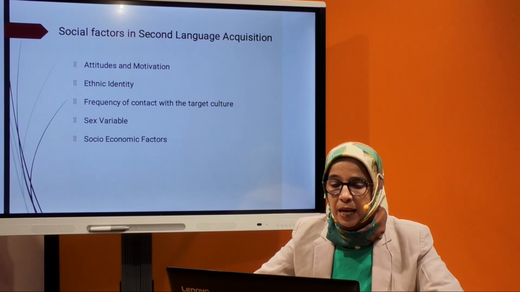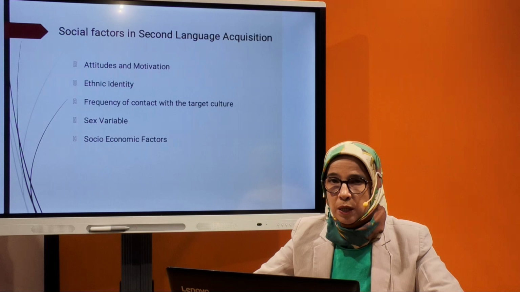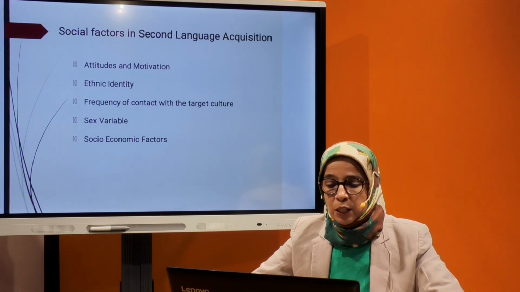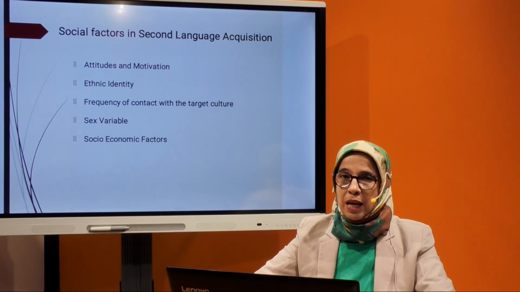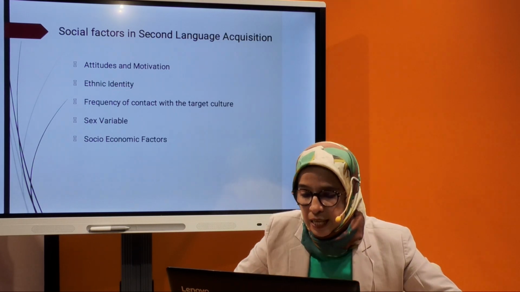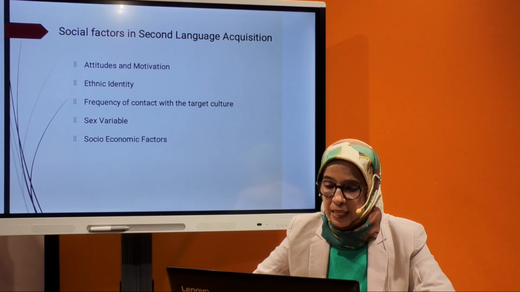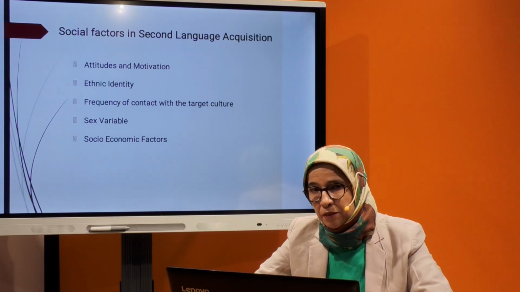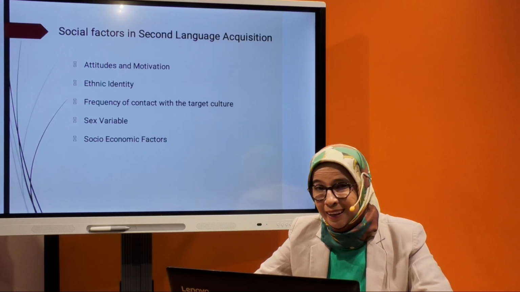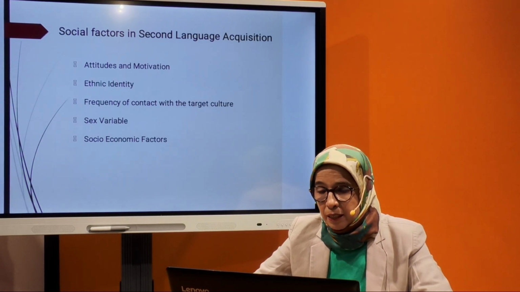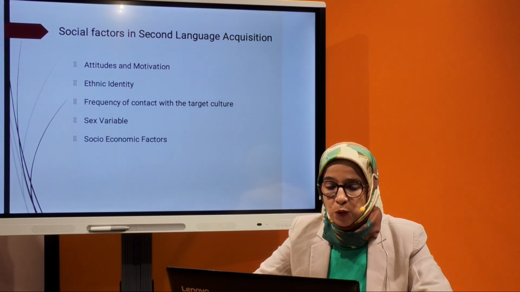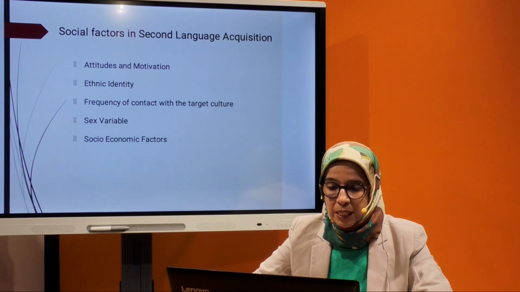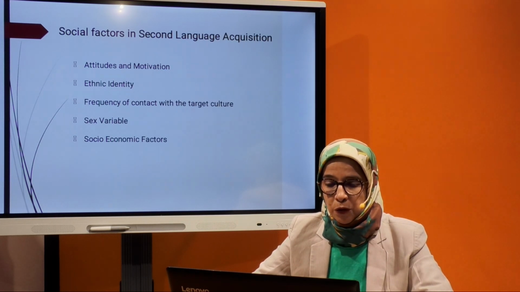So starting with attitudes as social byproduct. Attitudes and motivations are very important causal variables in SLA. It is maintained normally that positive attitudes towards a language and its native speakers are usually correlated with success in language learning.